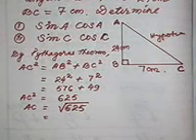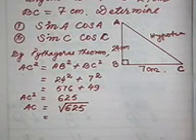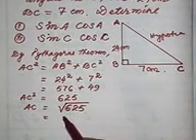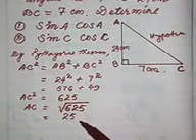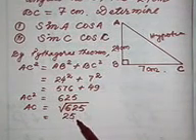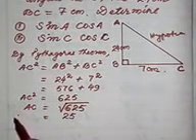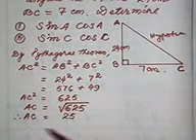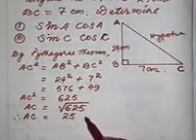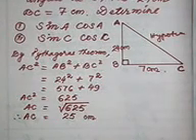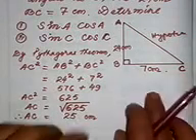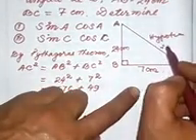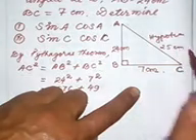It means what is that number when multiplied by itself will give 625. So we know that 25 into 25 is 625, so we get 25. Therefore AC is 25, so it will be in centimeter only. So finally we got the third side, and what is the third side? 25 centimeter.